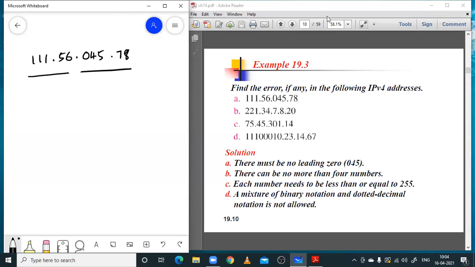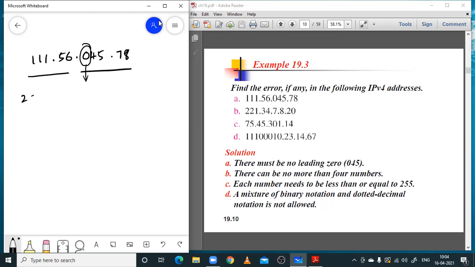So this is not at all a valid IP address, because in an IP address an octet should not start with a 0. So it is not a valid IP address.